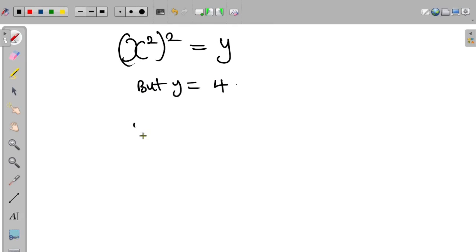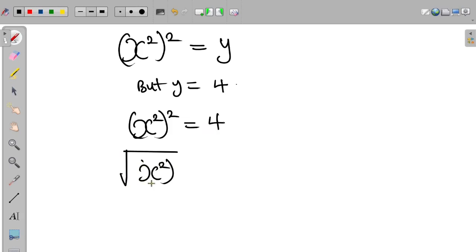So we have that x raised to the power of 2 raised to the power of 2 is equal to 4. Now at this point, we can take root of both sides. So this becomes root of x squared raised to the power of 2 equal to plus or minus root of 4.